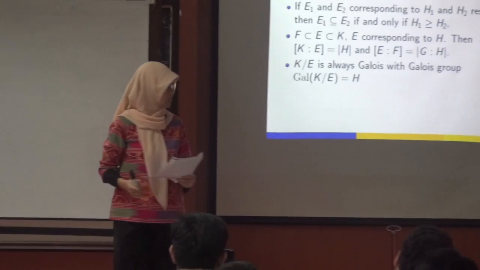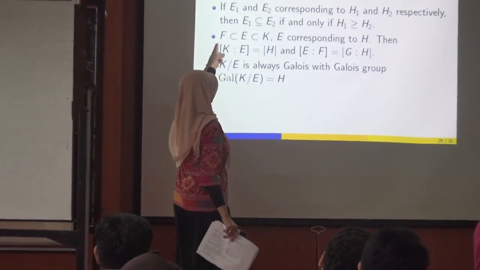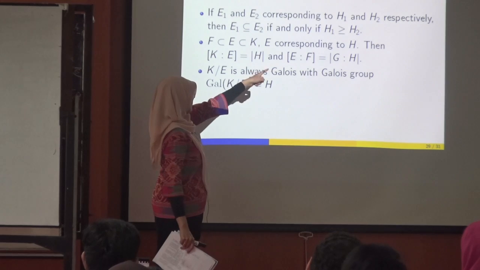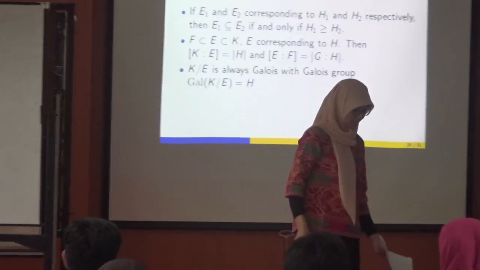Yeah, so the reverse. And also if we have a chain, A corresponding to H, then the degree of K over A is equal to the cardinality of H, and the degree of A over F is the index of H in G. I will give the illustration here.